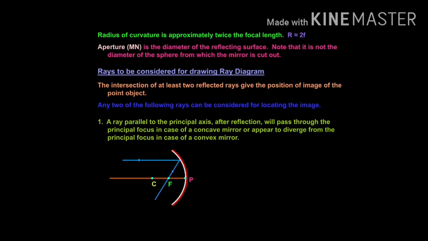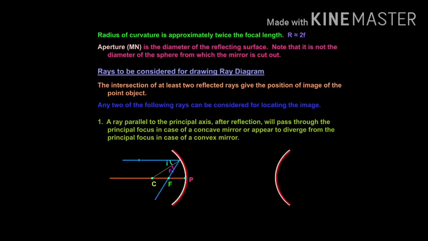If you can see that C is the center of curvature, and I join the point of incidence to the center of curvature, then this dotted line will be a normal. The angle of incidence i is the angle between the normal and the incident ray, and the angle between the normal and the reflected ray will be r, and these two need to be equal as it follows the law of reflection.